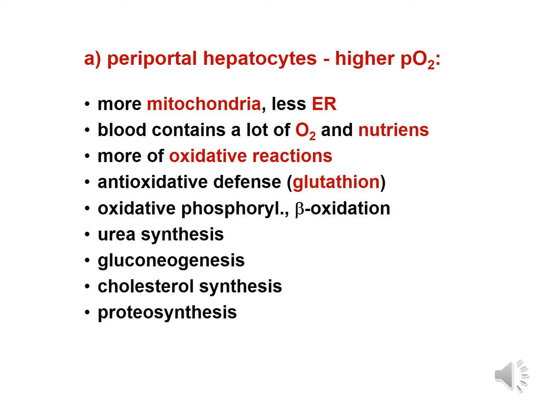Blood contains a lot of oxygen and nutrients, and there occur more oxidative reactions. That is why they need more antioxidative defense by glutathione. There occur phosphorylation, beta oxidation, urea synthesis, gluconeogenesis, cholesterol synthesis, and synthesis of proteins.